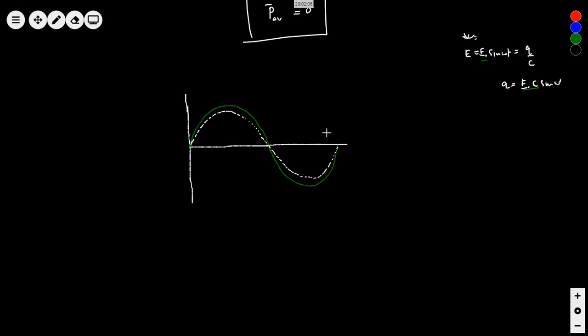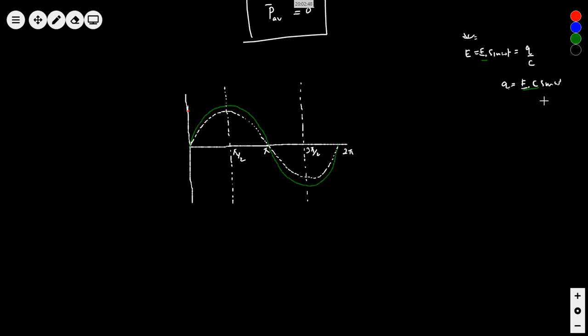Next comes the current. What about the current? In this case, how is the current changing? So let me plot this one here. We will be needing this. So this is our pi by 2. This is pi, this is 3 pi by 2, and that one is finally 2 pi. Now the current is also changing.